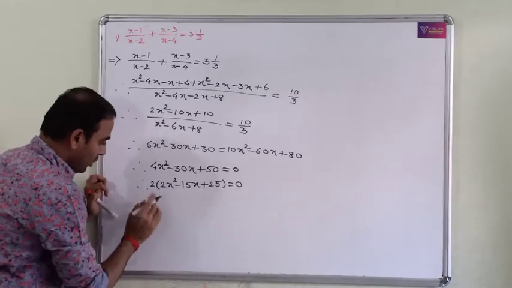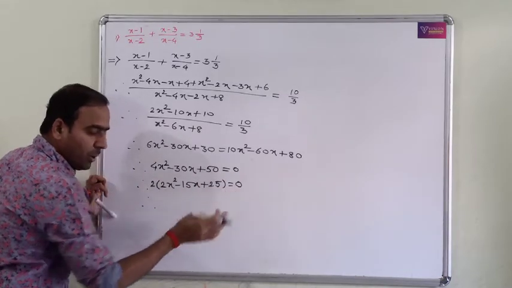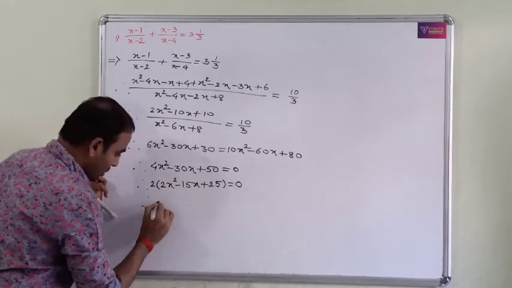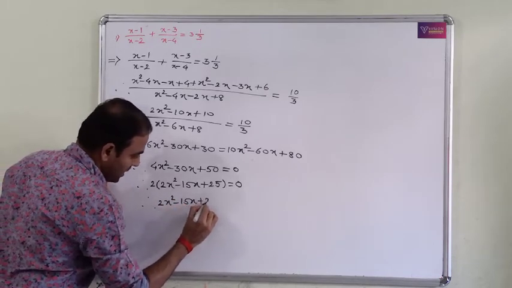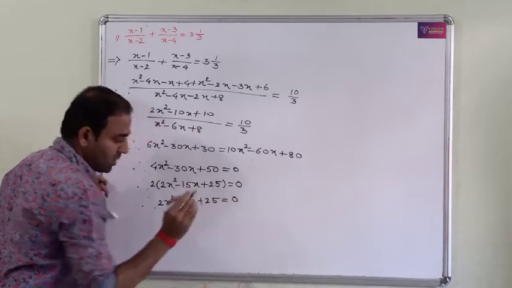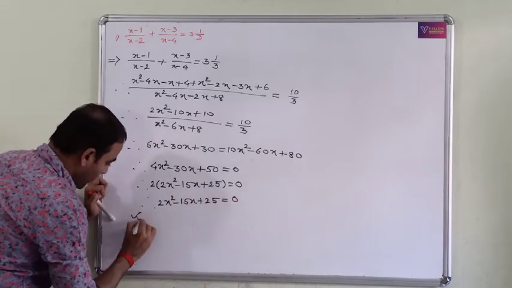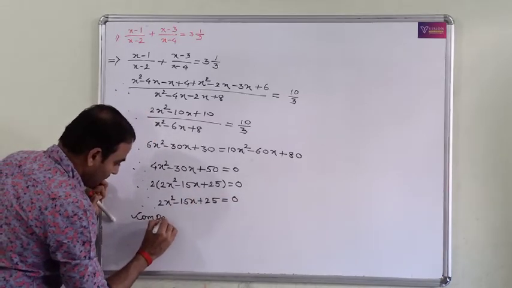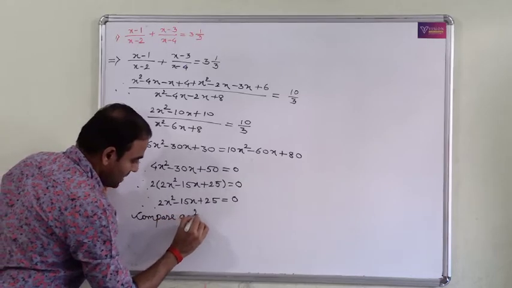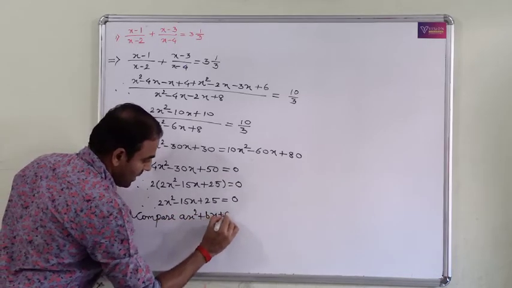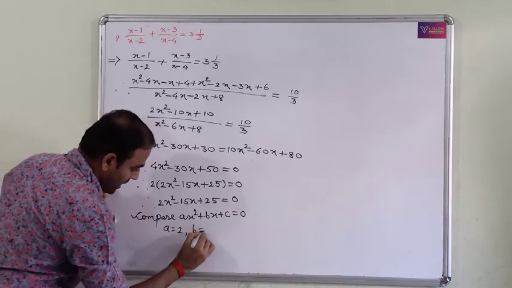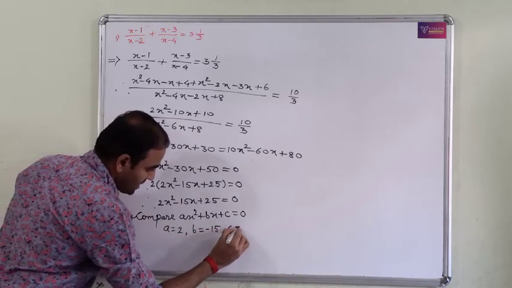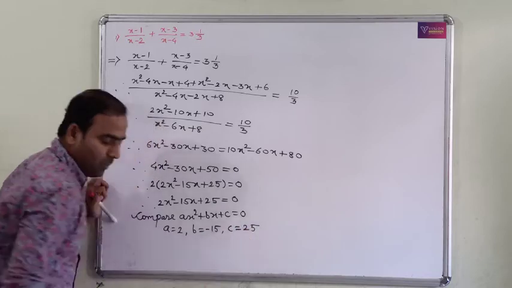Taking it to this side, 0 upon 2 is 0. So we get 2x square minus 15x plus 25 is equal to 0. If you compare with ax square plus bx plus c is equal to 0, we get a is 2, b is minus 15 and c is 25.